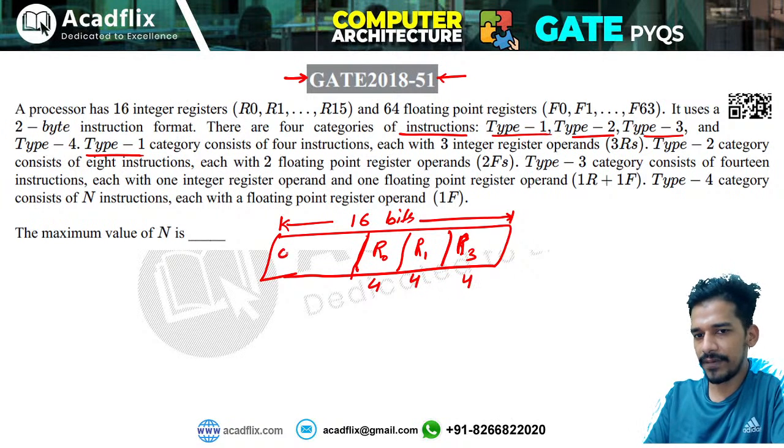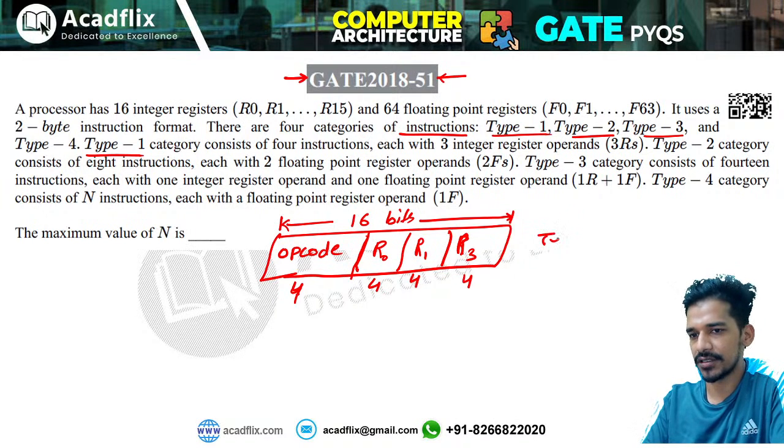So this opcode field will also be of 4 bits. There are 2 ways of solving this question. The first way is this, and the second way I will tell you. This is the type 1 instruction, in which you have 3 integer registers.